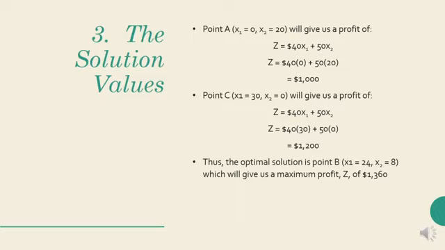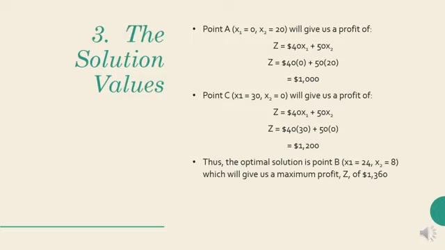Therefore, thus, the optimal solution is point B. Okay, x1 is equal to 24, x2 is equal to 8, which will give us a maximum profit Z of 1,360. So, point B is the optimal solution.